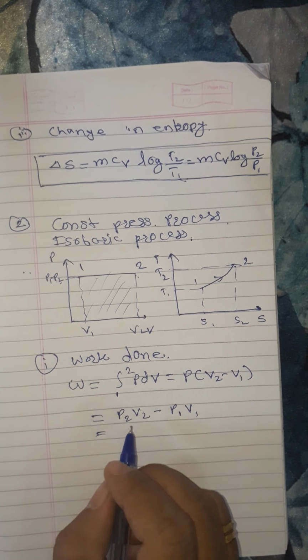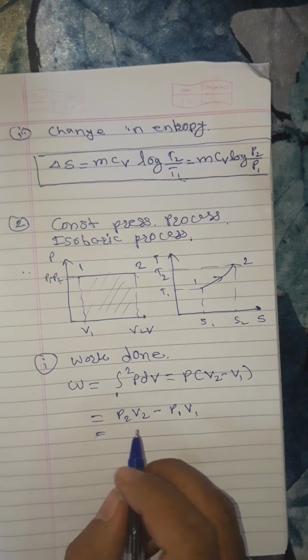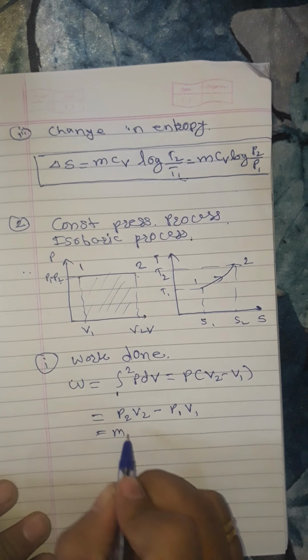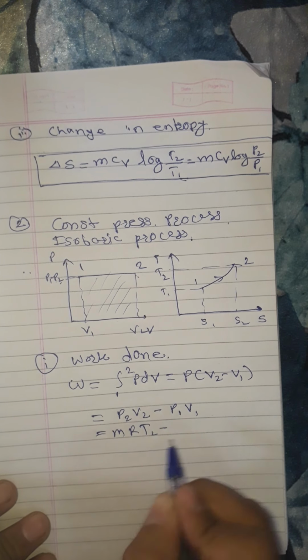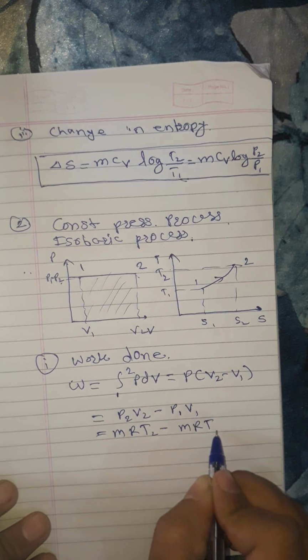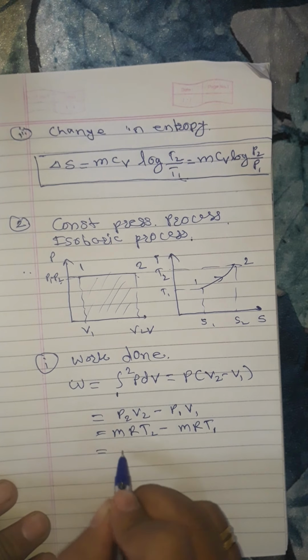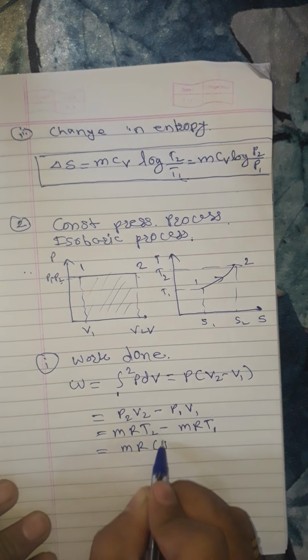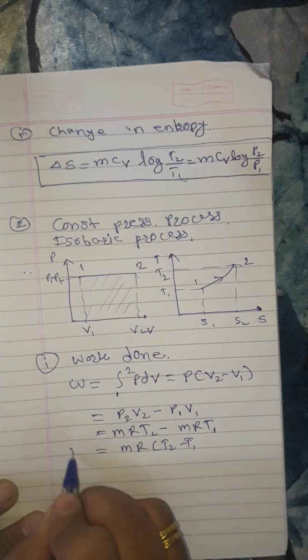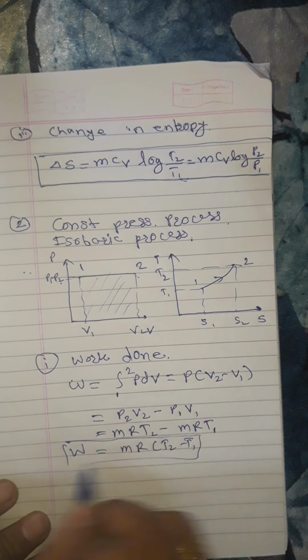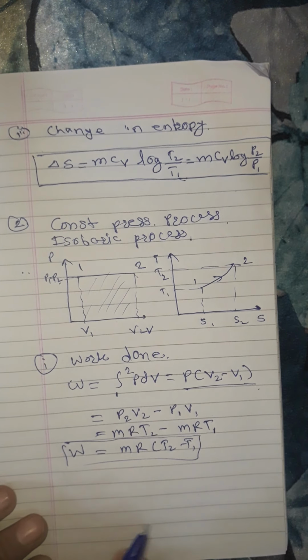We can write PV is equal to mRT, so the equation becomes mR into (T2 minus T1). Both are formulas for the work done.